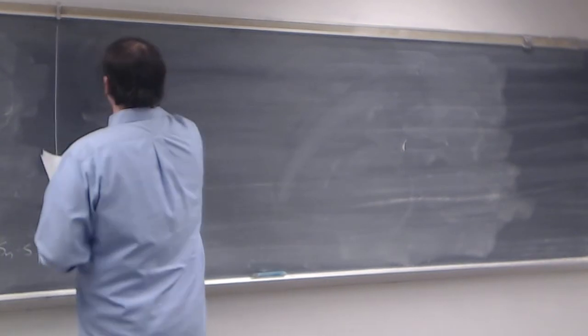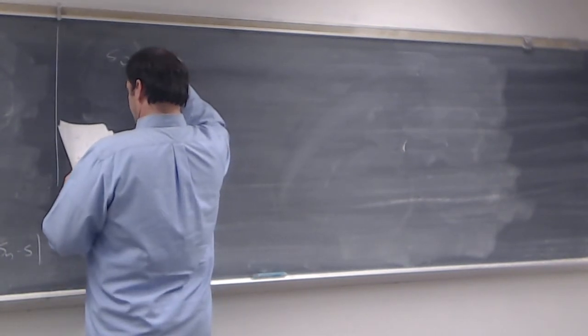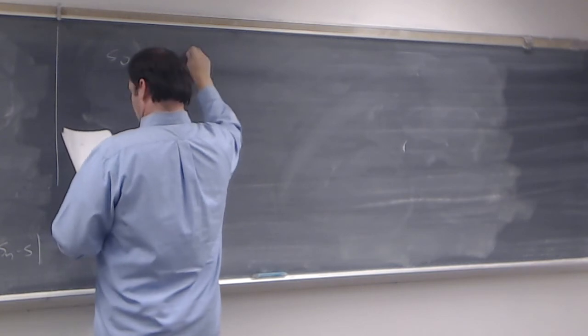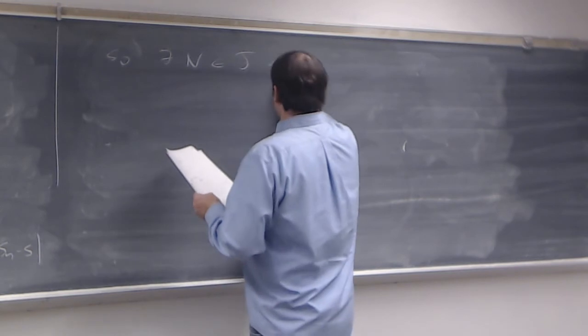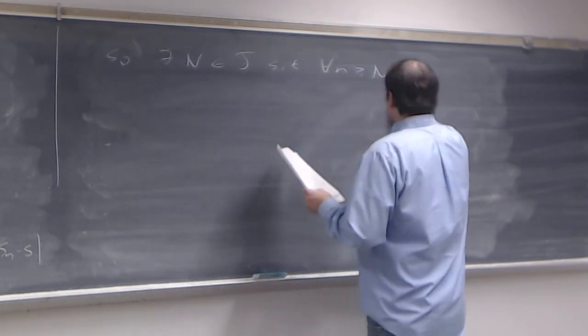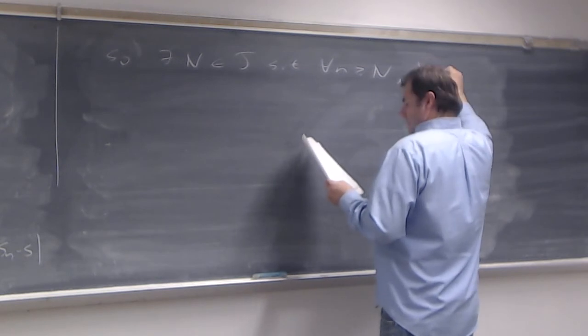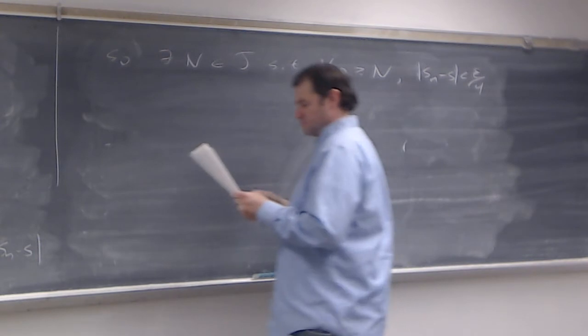Now, because s of n converges to s, there exists a big N, an element of the set of natural numbers, such that for all n bigger than or equal to big N, the absolute value of s of n minus s will be less than epsilon over 4.